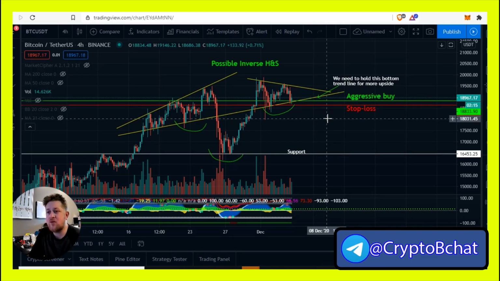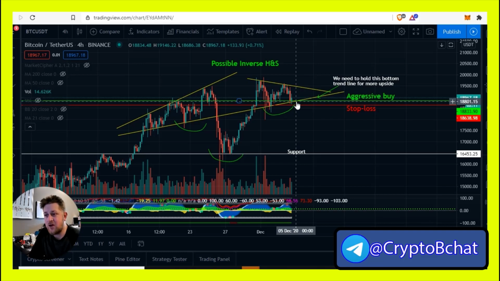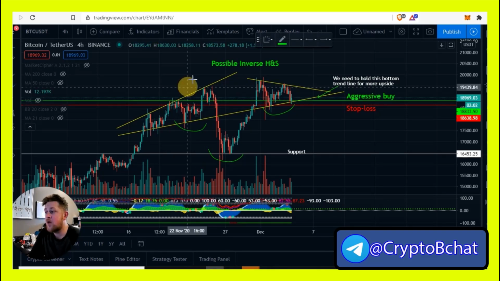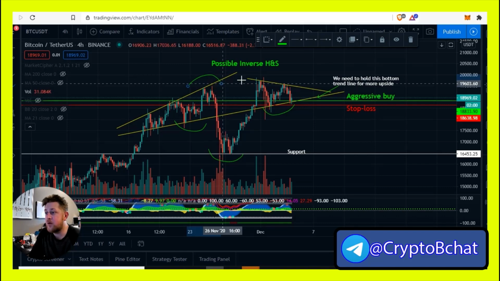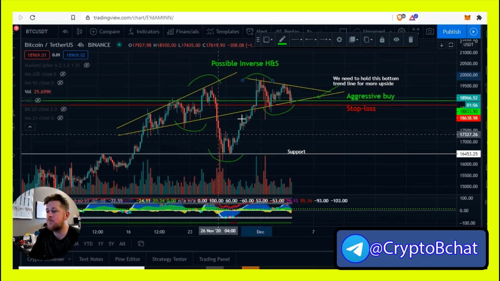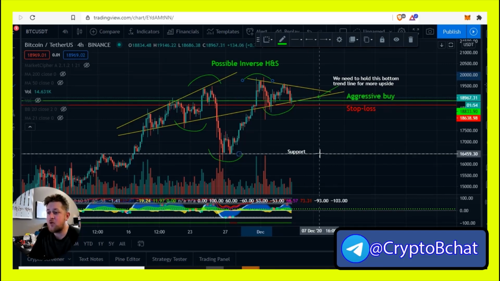So basically the bulls need to hold the bottom trend line here in order for more price action to go up top, because if they don't, it's going to look like a double top possibly, right? 1, 2, and then if that drops down, I'm assuming it's going to hit that support, and then we're going to be into an even bigger trend, bearish or bullish.